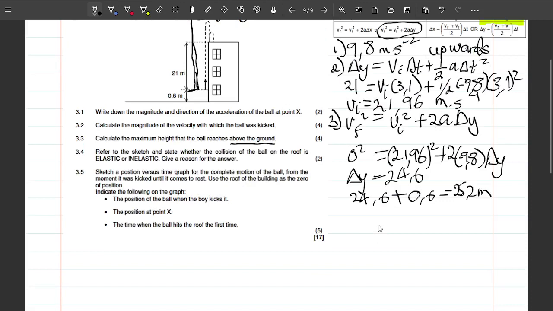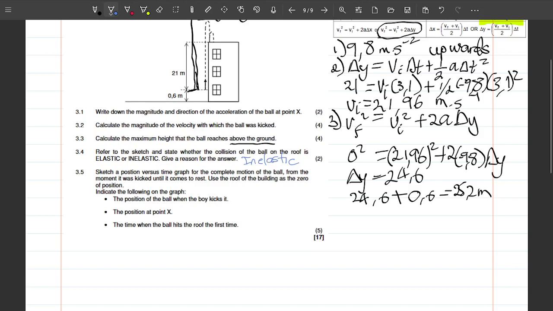Anywho, next question. Refer to the sketch and state whether the collision of the ball on the roof is elastic or inelastic. This is a pretty simple question, but if we look at it, this is going to be inelastic. Why is this inelastic?